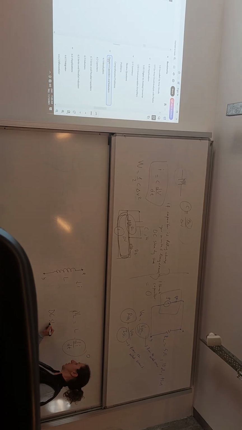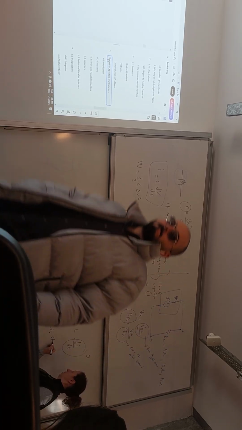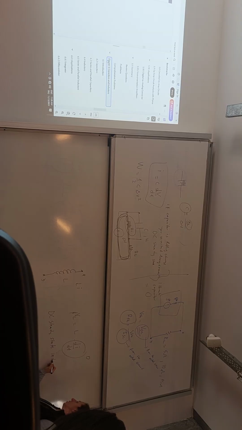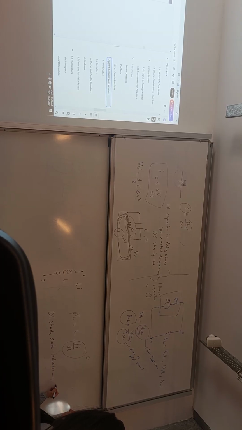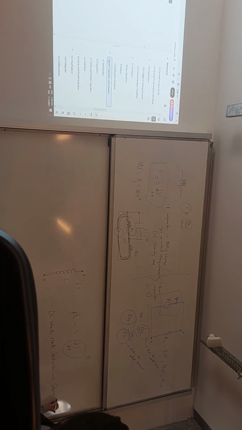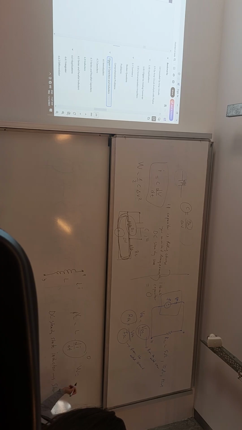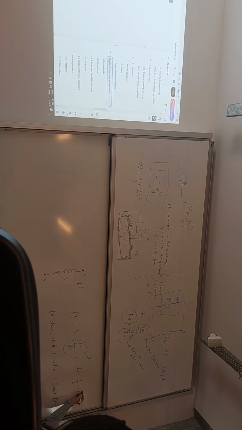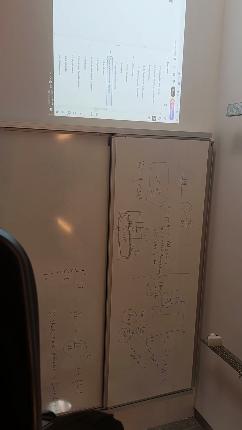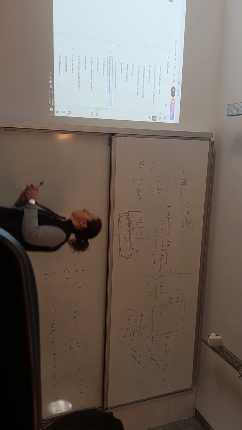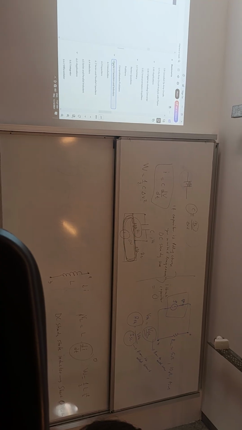So in DC steady state, inductor is replaced by a short circuit. And how do we calculate energy stored by an inductor? It is 1/2 L I_L squared. So the current flowing through it is what you are supposed to calculate.